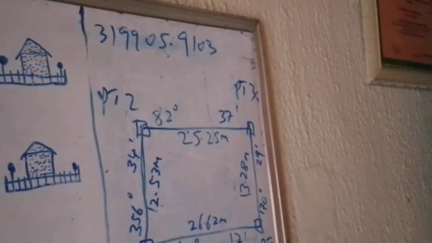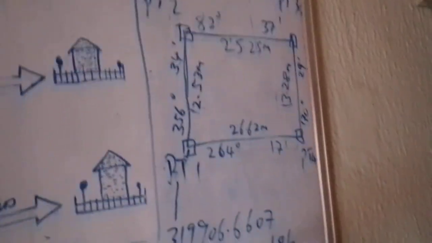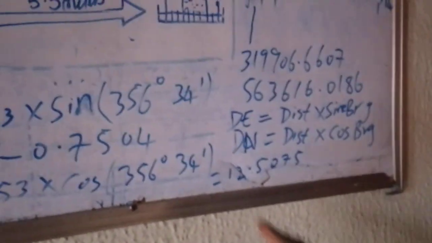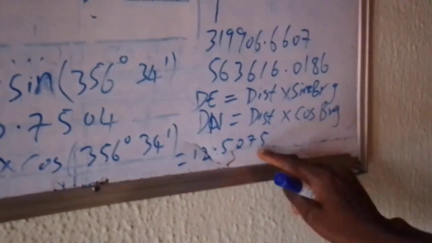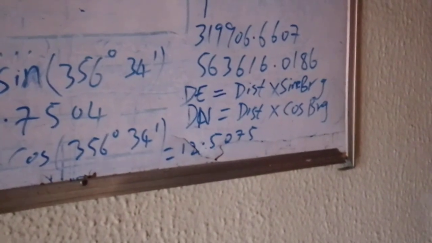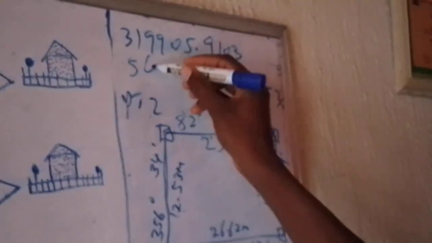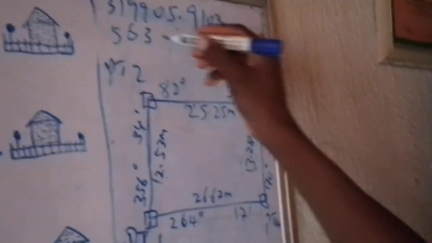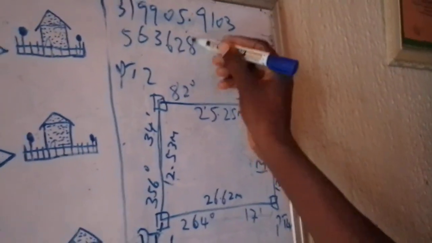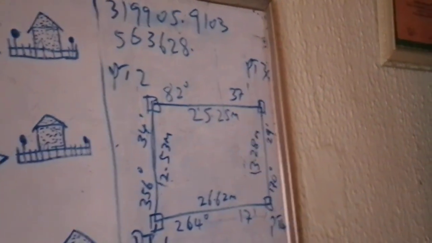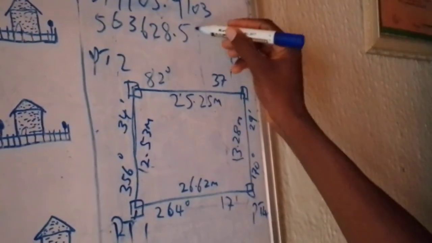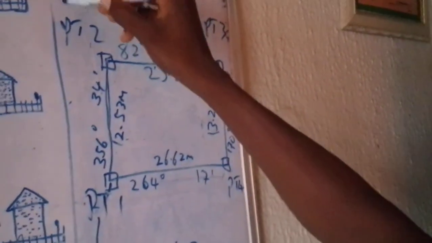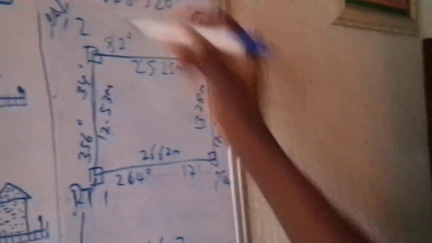Then we do the same thing: 563,616.0186 plus 12.5075. This gives us the value 563,628.5261. So this is now the coordinate of PT2.